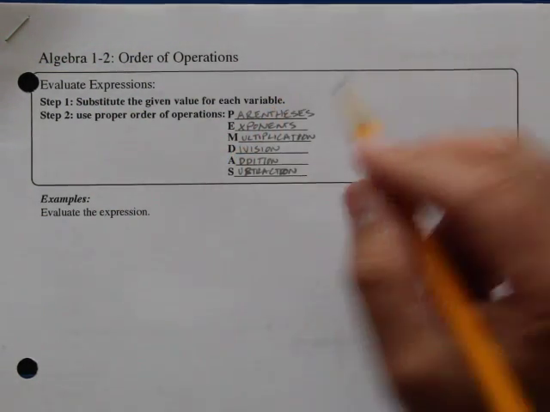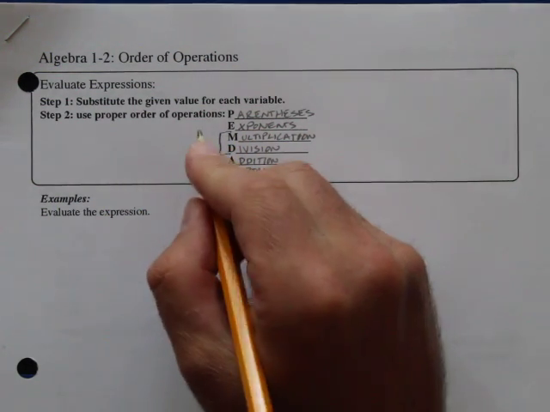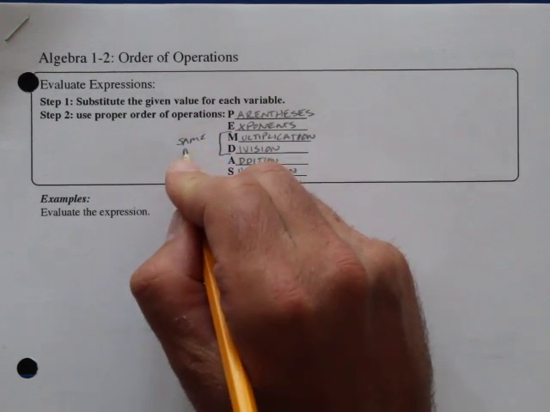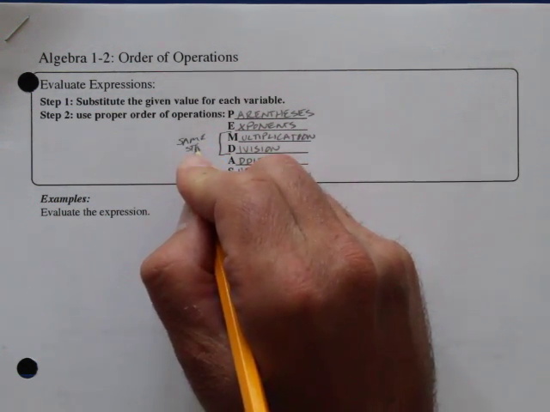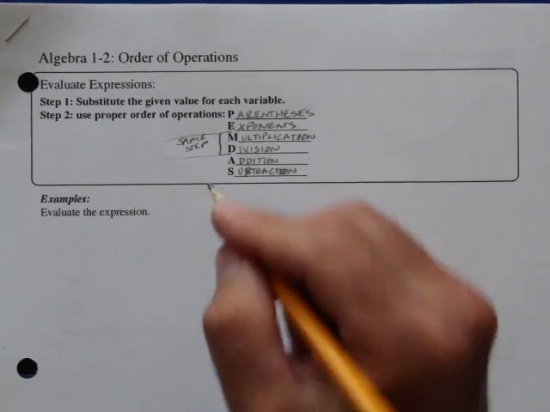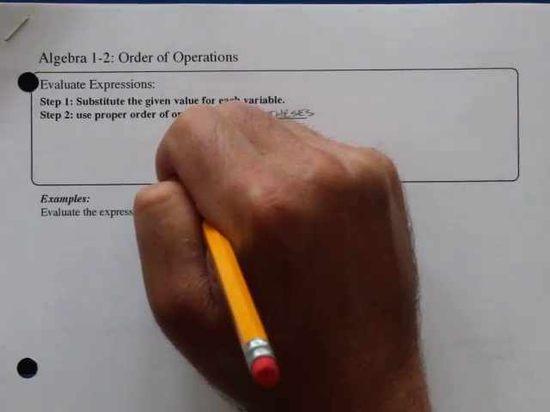It says subtraction. Now, multiplication and division, these are the same step. You can do multiplication and division in whatever order. It's the same thing that you're doing. Also, addition and subtraction, same step as well.